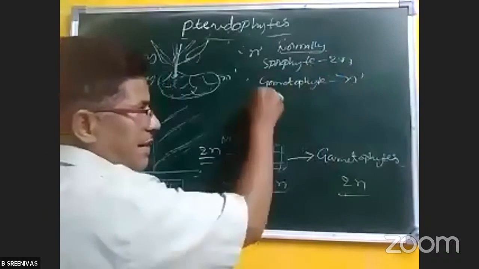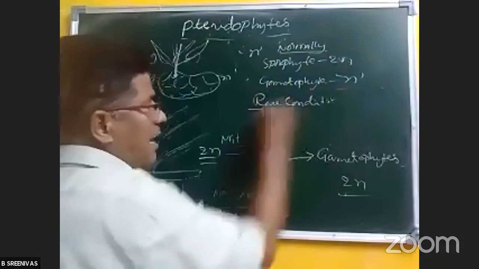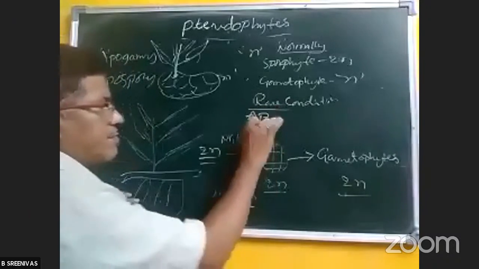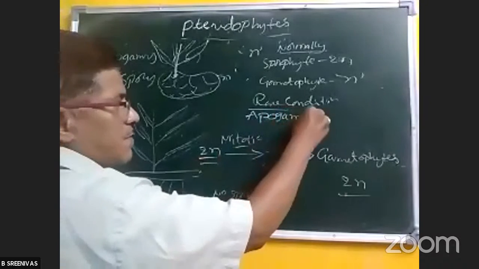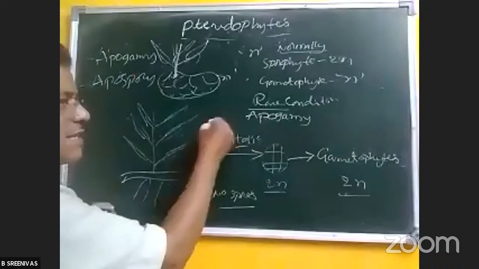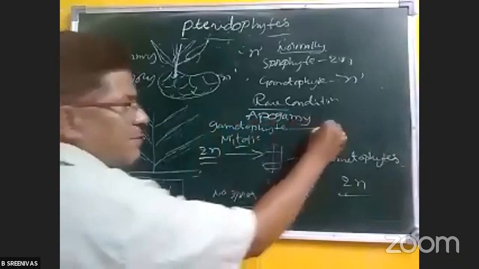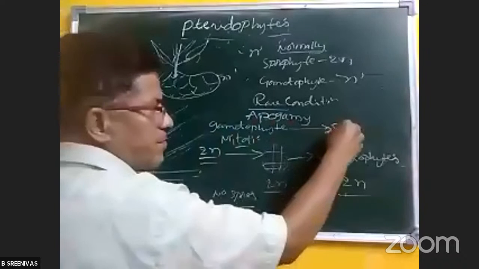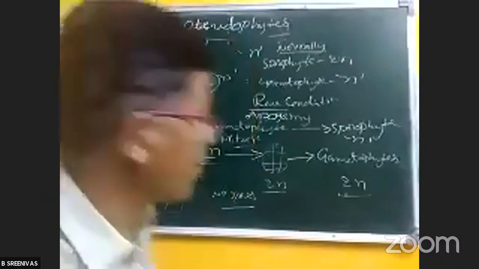Now in rare conditions, what are the rare conditions? Apogamy and apospory. By apogamy, the gametophyte develops into a sporophyte, and here this sporophyte is in haploid condition.